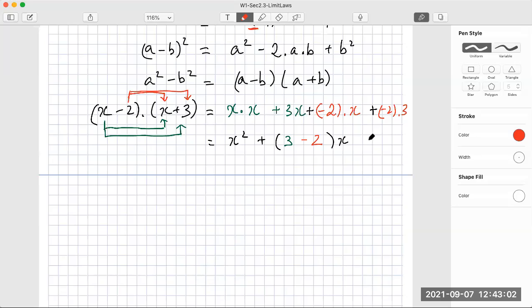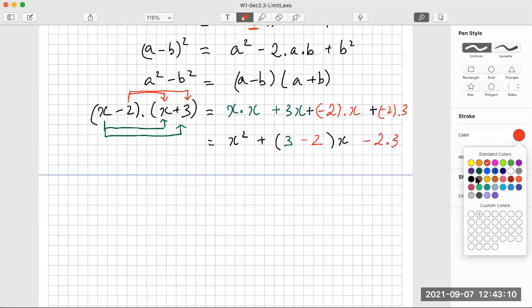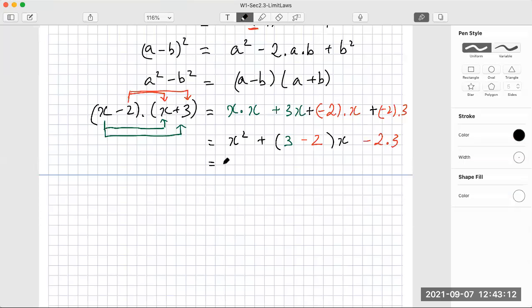And the last one, it will be minus 6, or I just write 2 times 3 here. Okay. Now we simplify it. It will be x squared plus x minus 6. Good job.